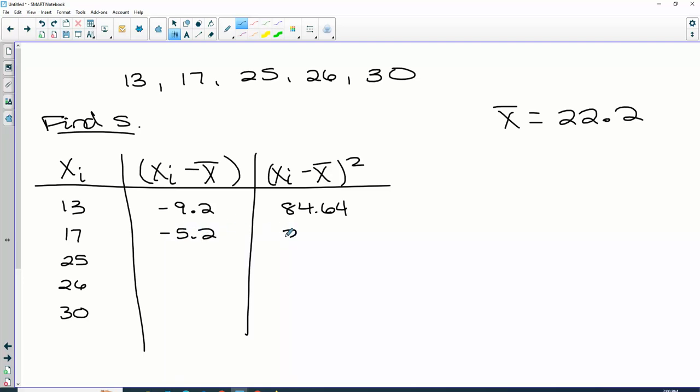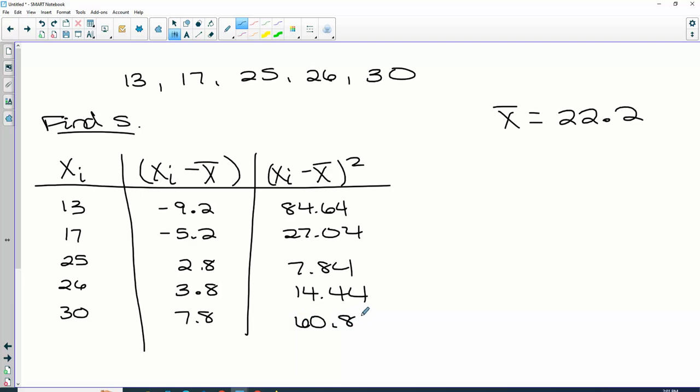Squared, 27.04. 25 minus 22.2 is 2.8. Squared, 7.84. 6 gives us 3.8. Squared, 14.44. 30 minus 22.2 is 7.8. Squared, 60.84.